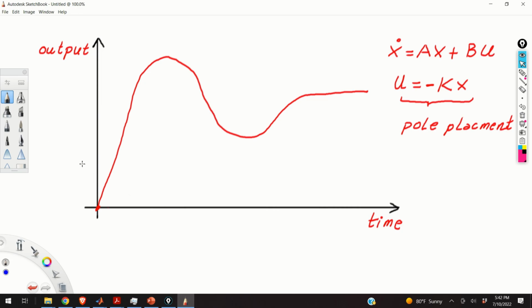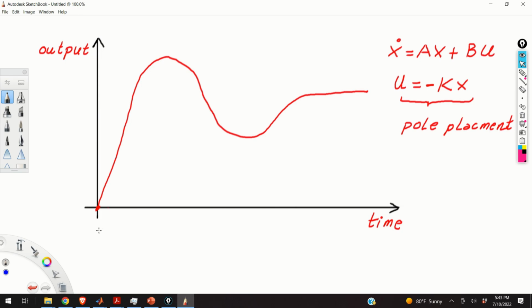The system's rise time is a very important design specification, and usually we want to ensure that the rise time is below a certain value. Rise time is usually defined as the time required for the waveform or the step response of the system to go from 10% of the final value to 90% of the final value.